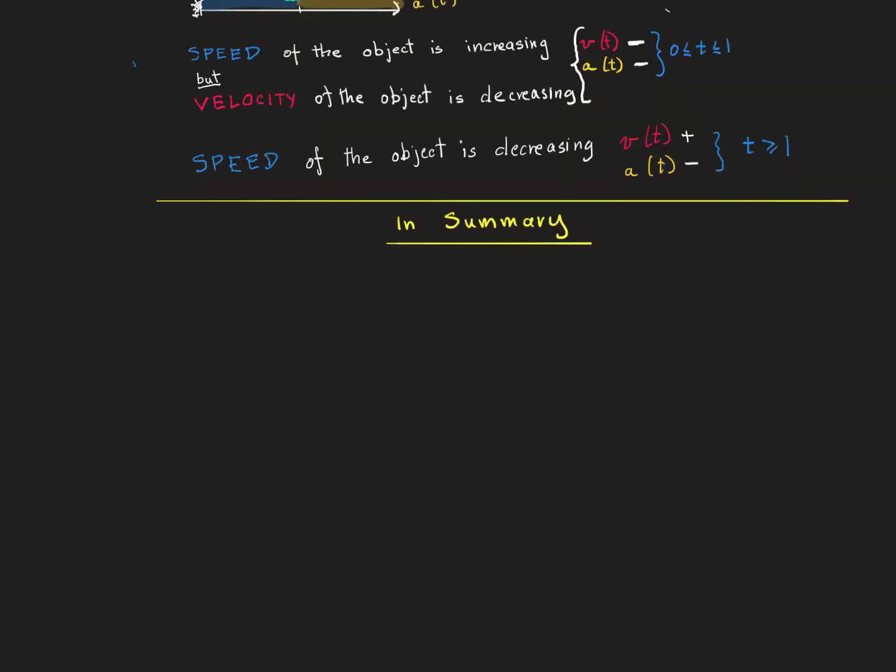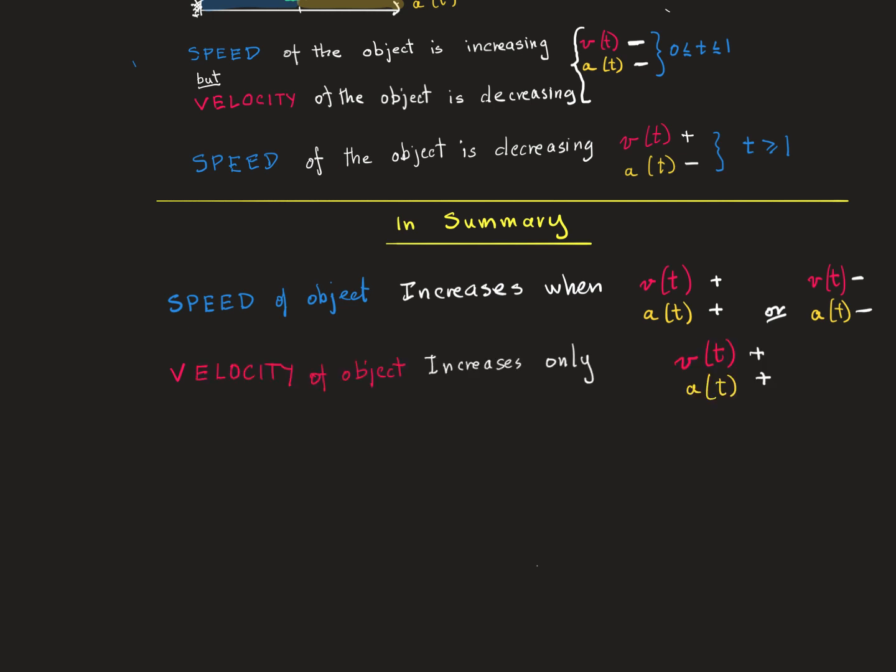And so, in summary, the speed of the object increases when the velocity and the acceleration are positive or when the velocity and the acceleration are negative. Whereas the velocity of the object increases only when the velocity and the acceleration are both positive.